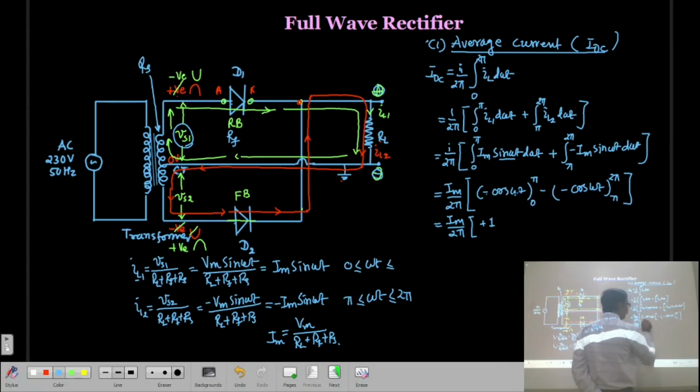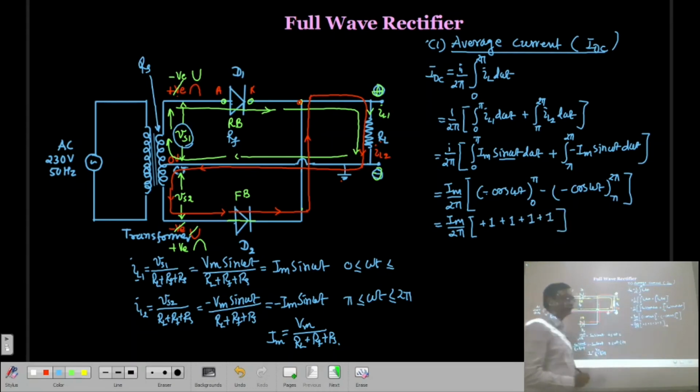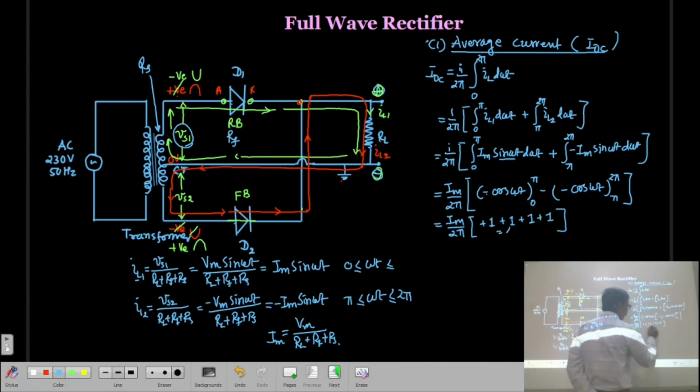Same way, if you put 0, then also it will be a plus 1. Here also a plus 1. This is also a plus 1. And here, so this is the 4.